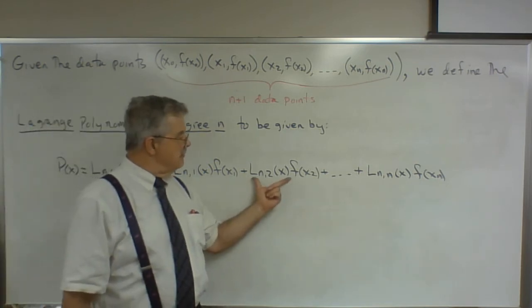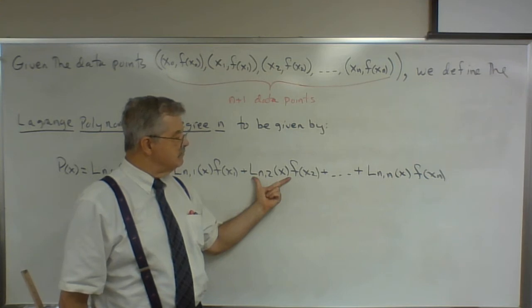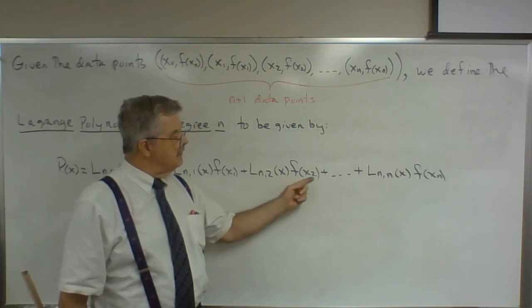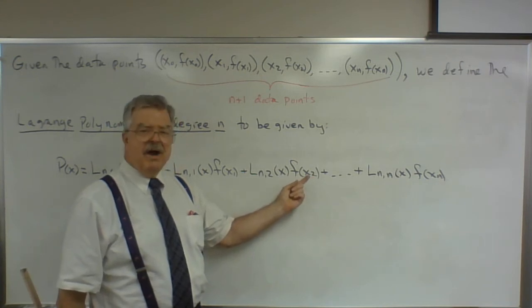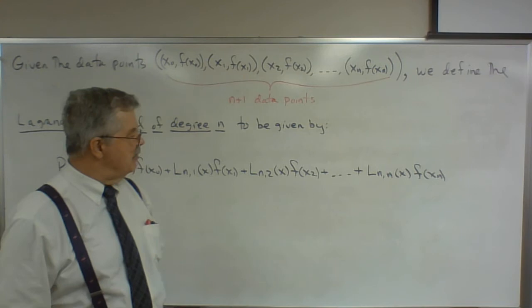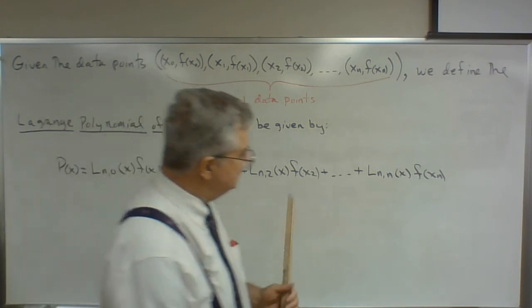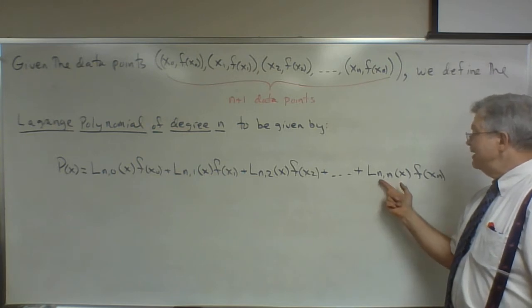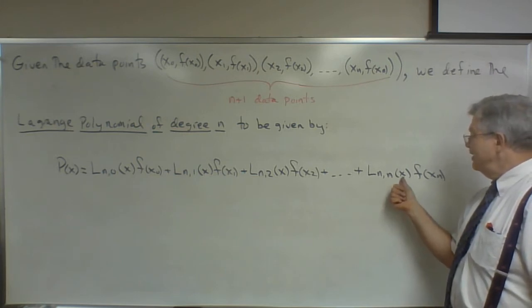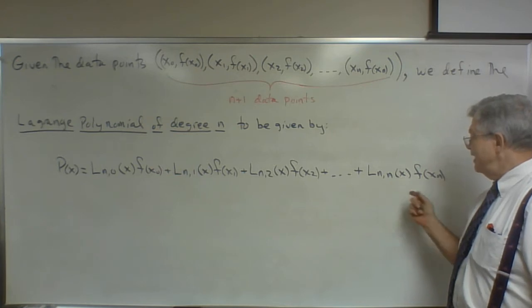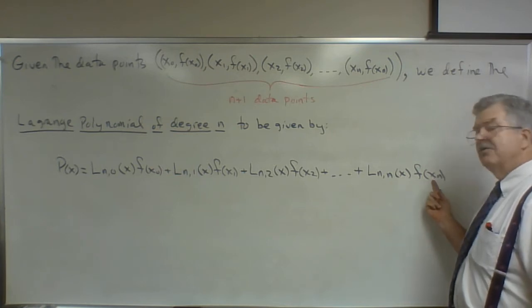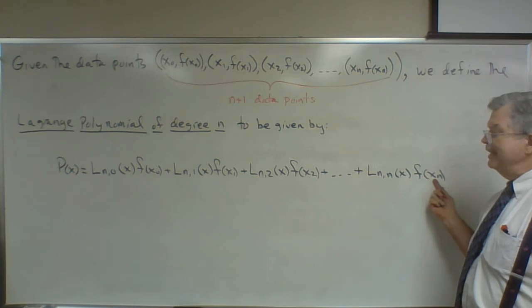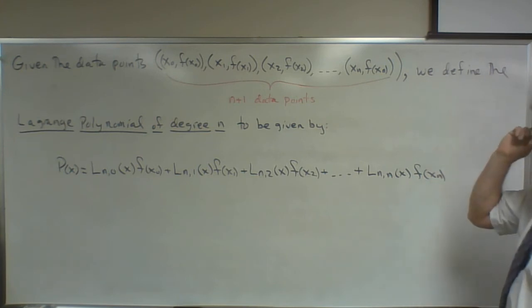And then some function L sub n sub 2 evaluated at x, times f of x2, the y coordinate of the second data point. Dot, dot, dot, some function L sub n sub n evaluated at x times f of xn, the y coordinate of the nth data point.